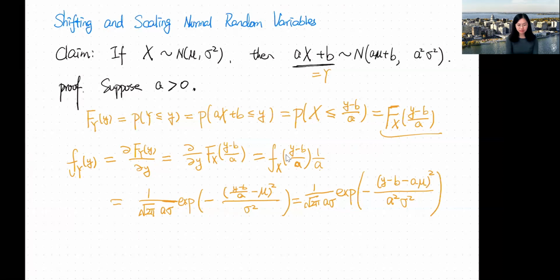And this is exactly the probability density function for a normal random variable with mean given by b plus a mu, or a mu plus b, and with variance given by a squared sigma squared. So it's this normal distribution. So the claim is proved.